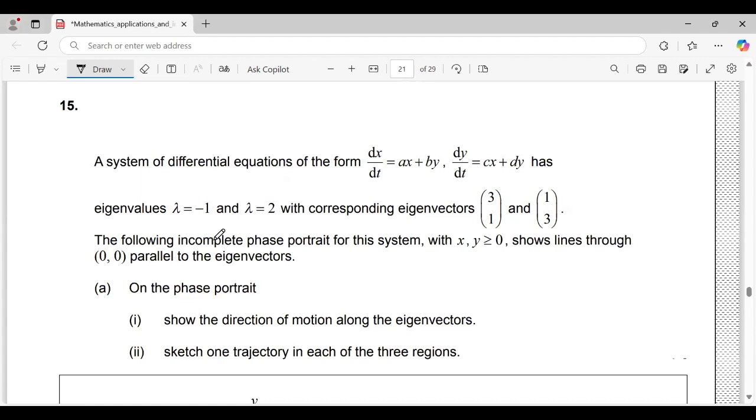The following incomplete phase portrait for this system, with x, y greater than or equal to 0, shows lines through the origin (0, 0) parallel to the eigenvectors. So there are two eigenvectors, (3, 1) and (1, 3).